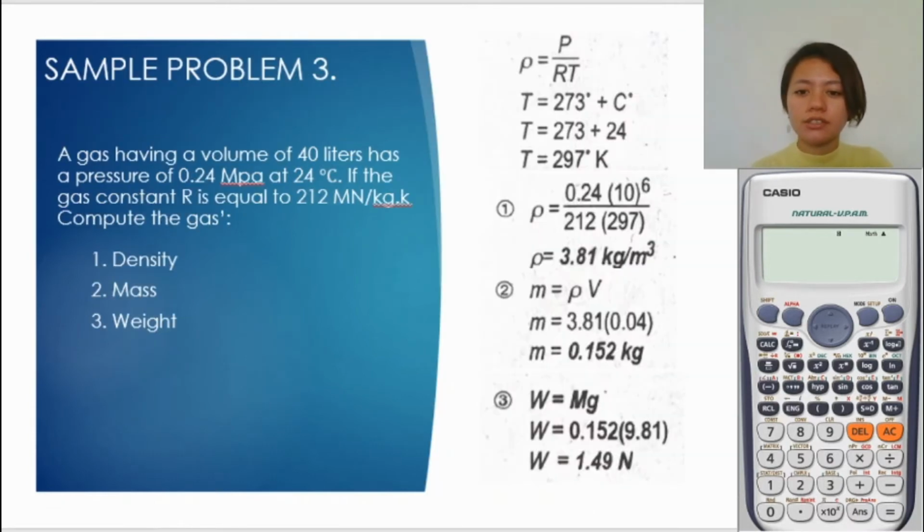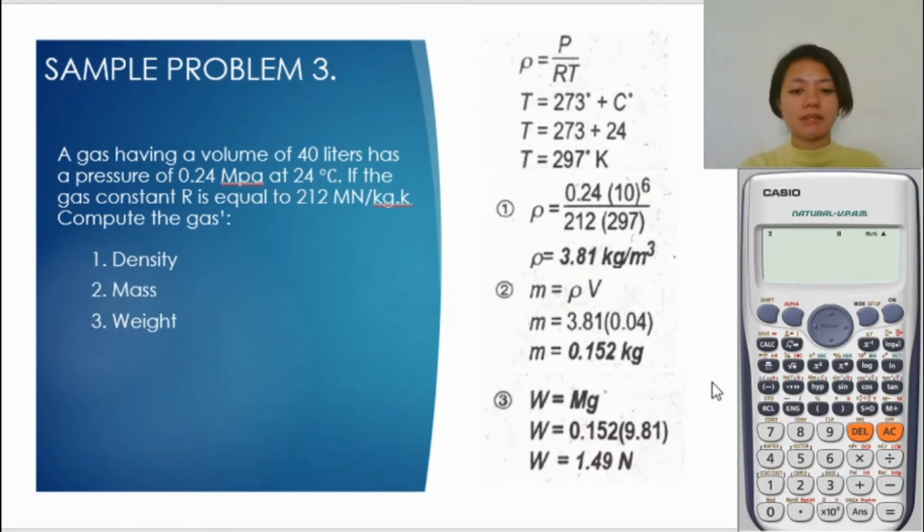So, sample problem number 3. A gas having a volume of 40 liters has a pressure of 0.24 megapascals at 24 degrees Celsius. If the gas constant R is equal to 212, compute the gas density, mass, and weight. So our formula is density equals pressure over RT.